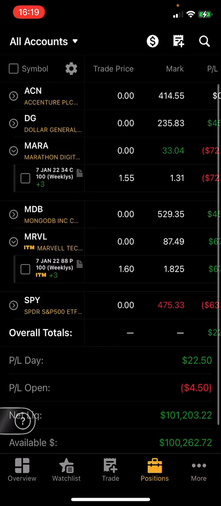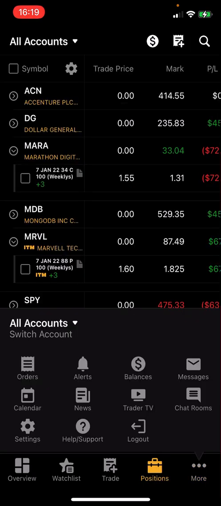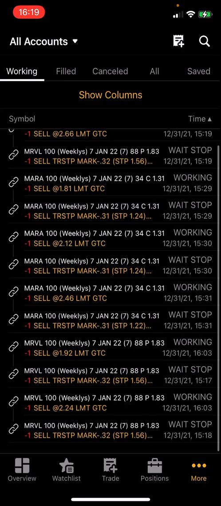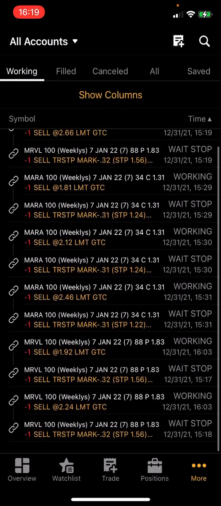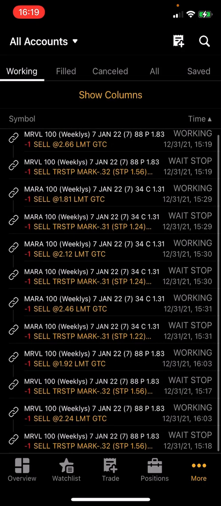So now I wanted to show you sort of what I have at the end here. So you see I did this strategy with two trades today, a Mara 34 call and a Marvell 88 put. So worst case scenario is you get stopped out at 20% of your contract times the number of contracts.